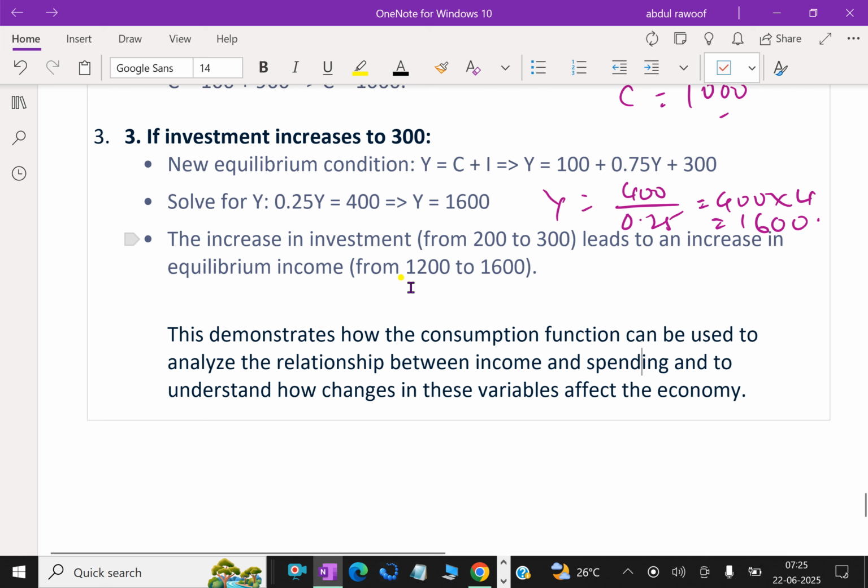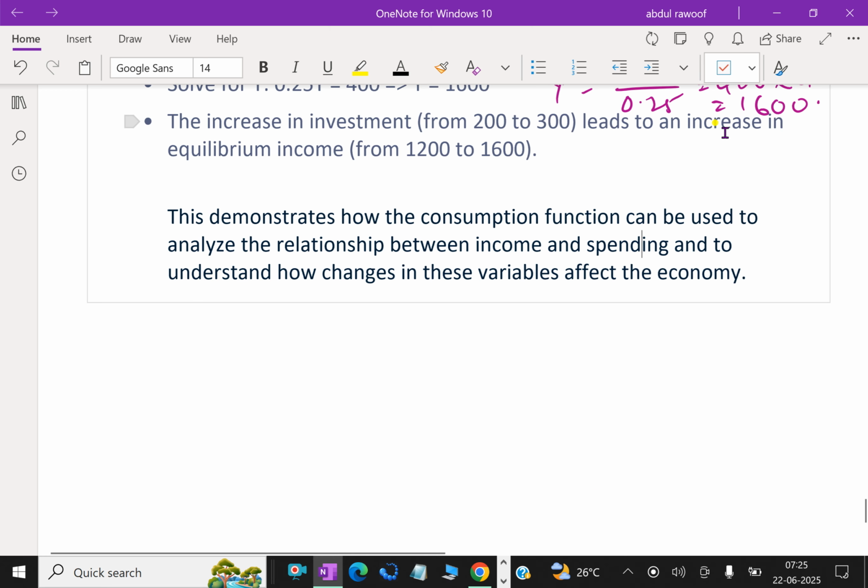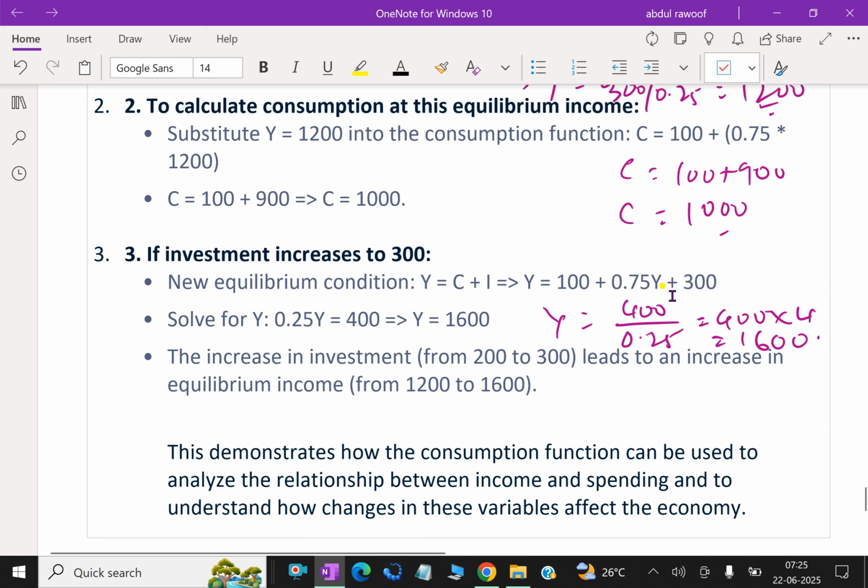The increase in investment from 200 to 300 leads to an increase in equilibrium income from 1200 to 1600. This demonstrates how the consumption function can be used to analyze the relationship between income and spending and to understand how changes in these variables affect the economy.